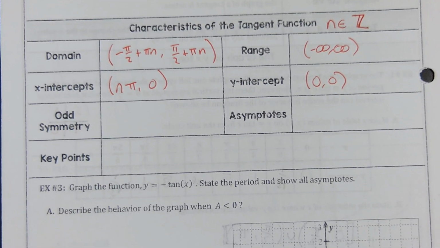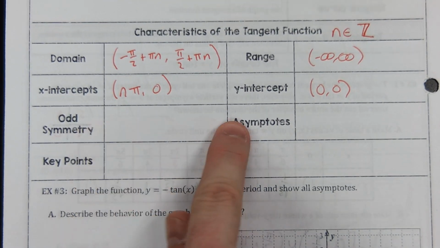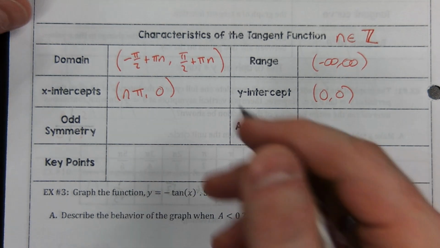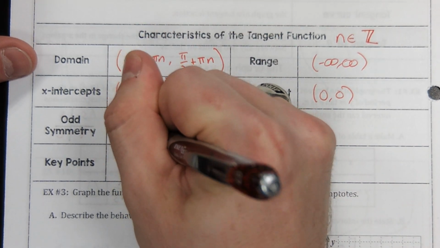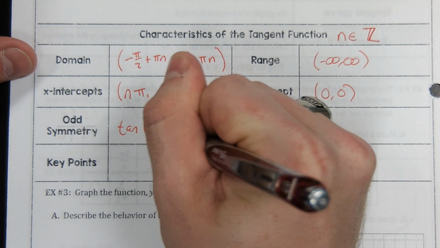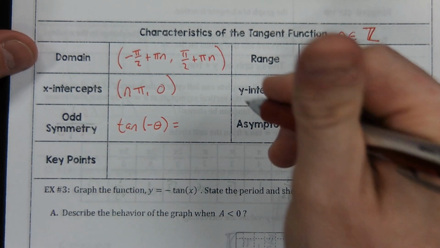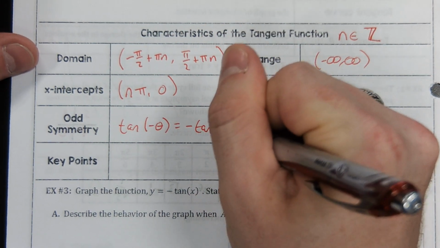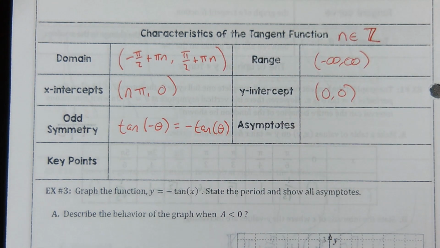It's the same thing as saying if I reflect it over the x, that's the same as reflecting it over the y, which is actually what I'm going to write here. That tangent of negative theta reflecting over the y is the same thing as negative tangent of theta reflecting over the x. That was the exact same property that we had for sine of theta, because it's odd.